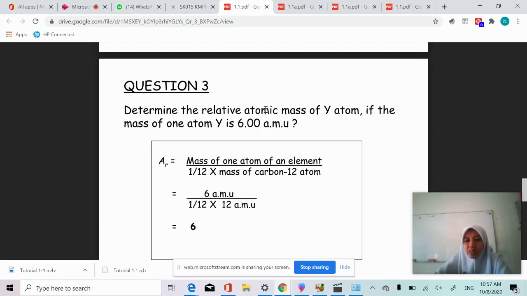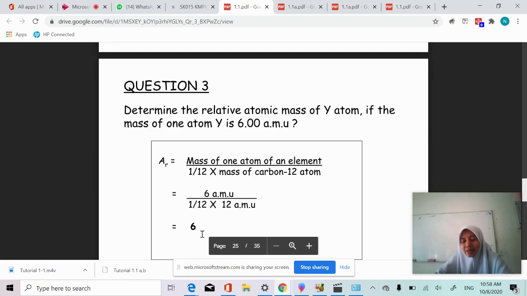So we substitute 6 here. And at the bottom, we have 1/12 times the mass of one carbon 12 atom, which is just 1/12 times 12. So 6 over 1, AMU over AMU, the units are cancelled, so you are left with 6. Only 6 with no unit whatsoever. Okay, is that fine?